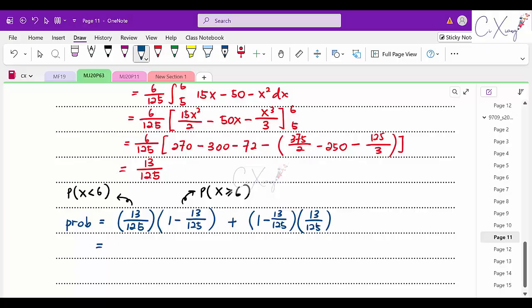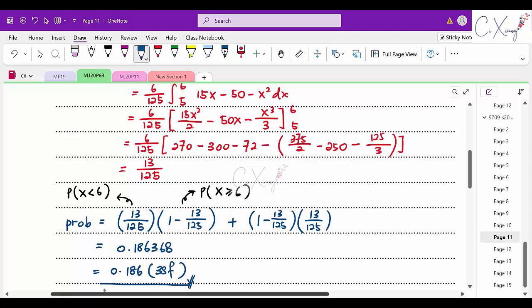So if you try to figure them out, your answer should be 0.186368. And then correct to 3 significant figures, the answer should be 0.186. Okay, this is one way. And then you need to know that if you are using this way, you have to consider worm 1 and worm number 2. Then what is their length?